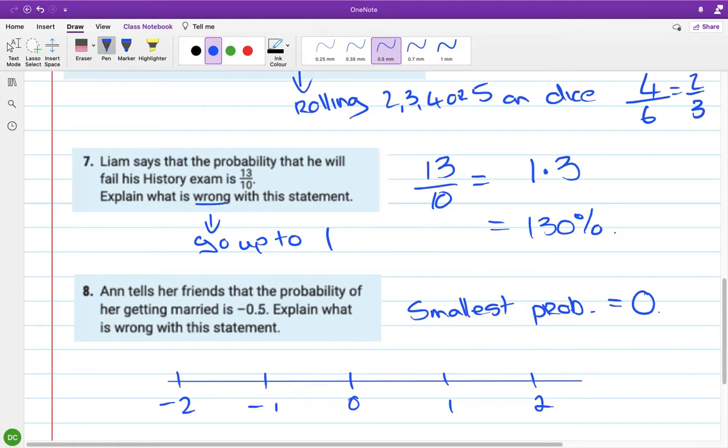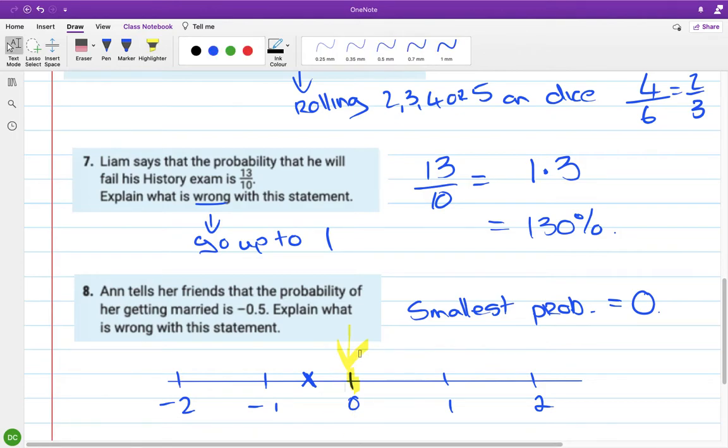So minus 0.5 is here. But probabilities don't go any smaller than 0. So you can't have a negative probability, because probabilities start at 0.